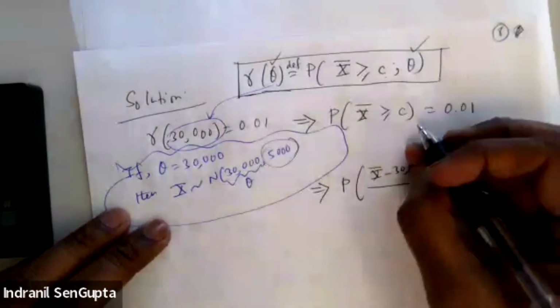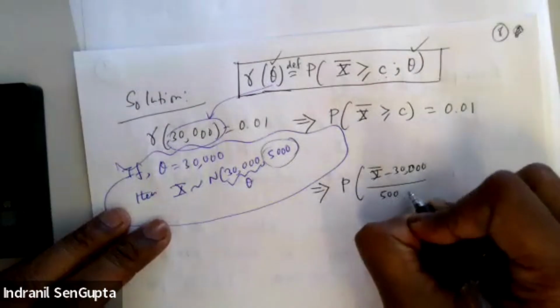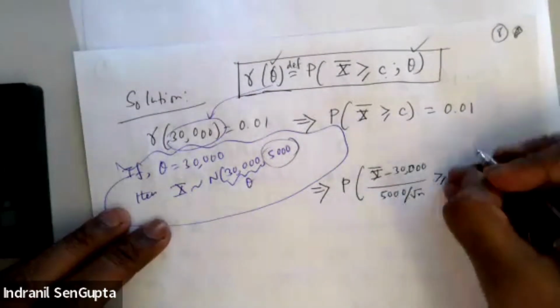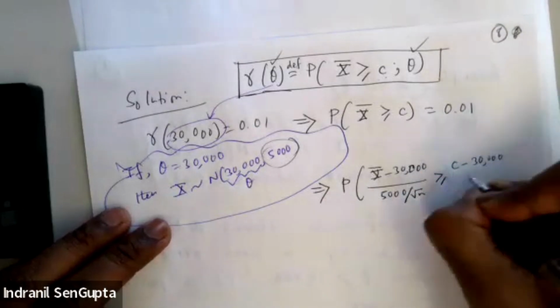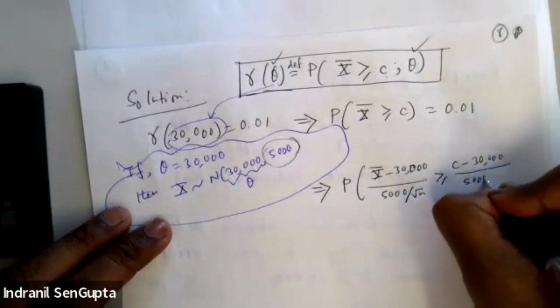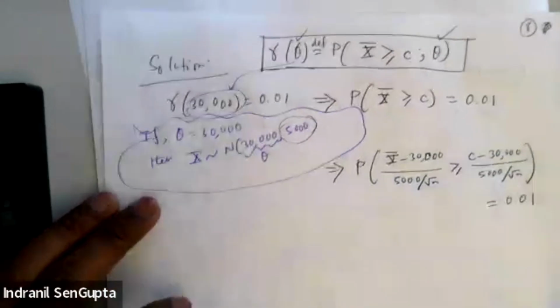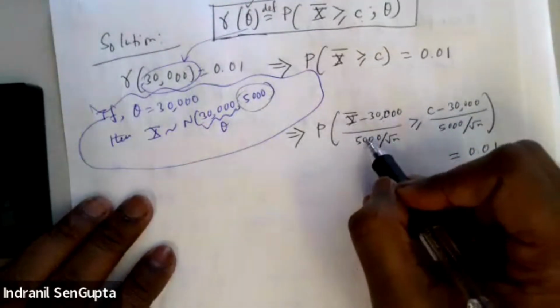And sigma is a good estimator of S, or you can just write sigma over square root of n. I'm just trying to convert this to a standard normal distribution. It's c minus 30,000 over 5,000 over square root of n, which is going to be equal to 0.01 from this equation. I subtract the mean, divide by the standard deviation.